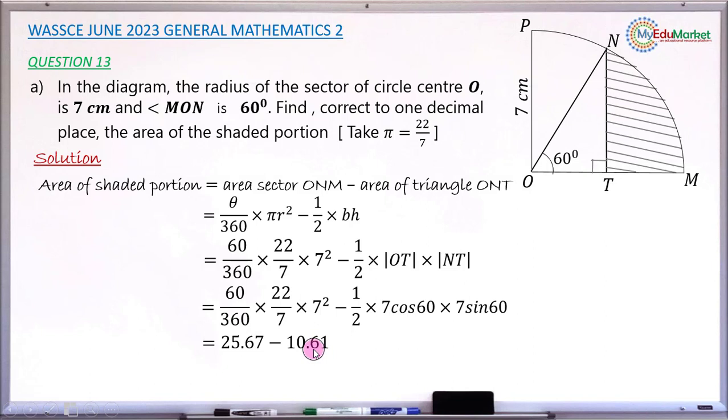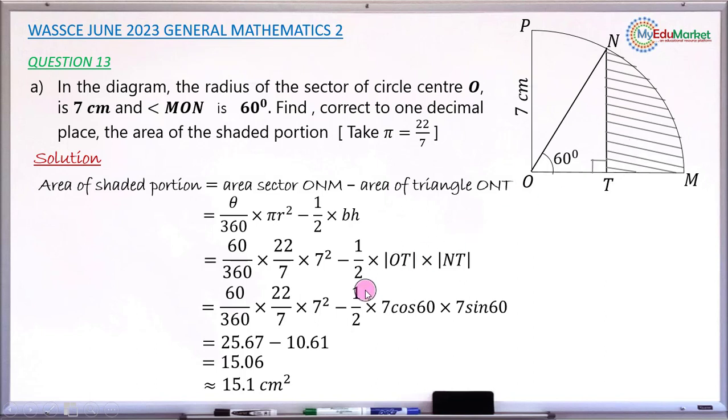Subtracting 10.61 from 25.67 gives 15.06. The question asks for our answer correct to one decimal place, so you must do the approximation. That gives 15.1 centimeters squared as the area of the shaded portion, and that answers the question.